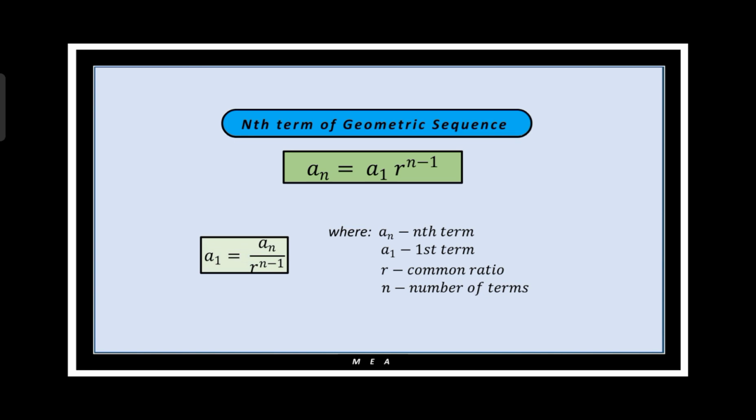And also, from that same formula, we can derive the formula for the first term. So a sub 1 is equal to a sub n over r raised to n minus 1. I will show you the derivation later on sa mga examples natin kung paano naging ganyan yung formula natin.